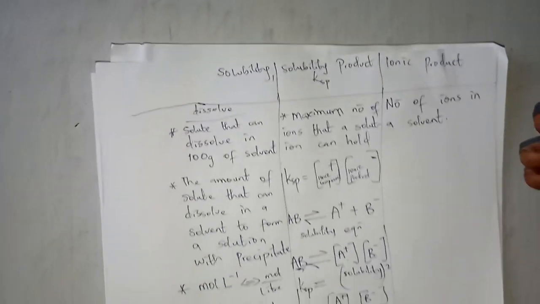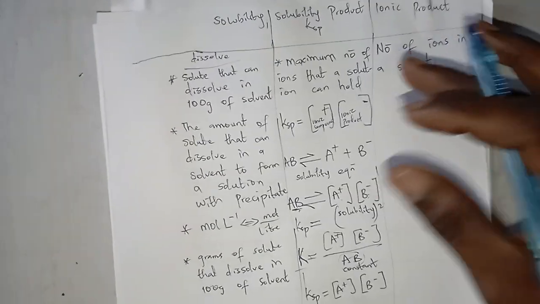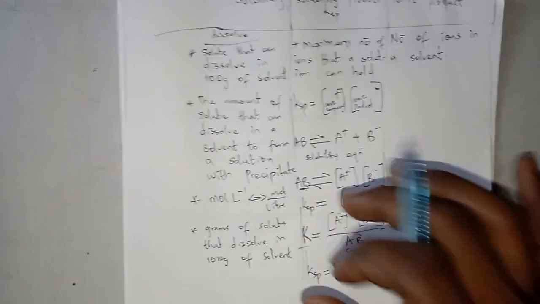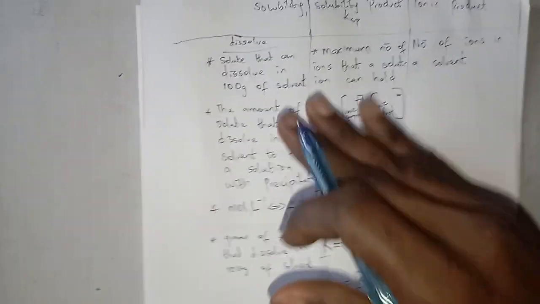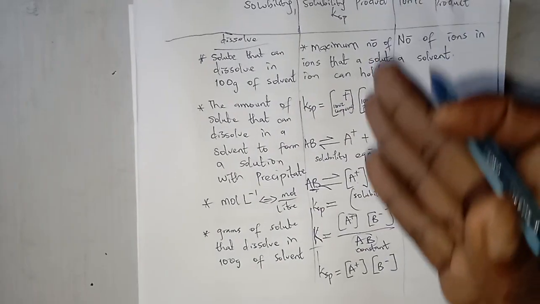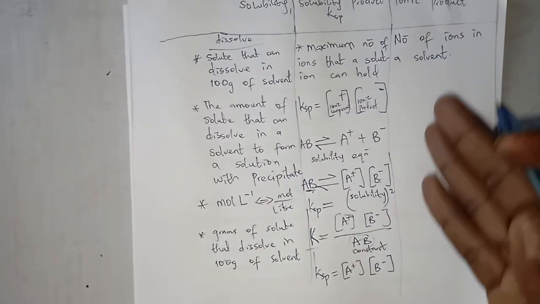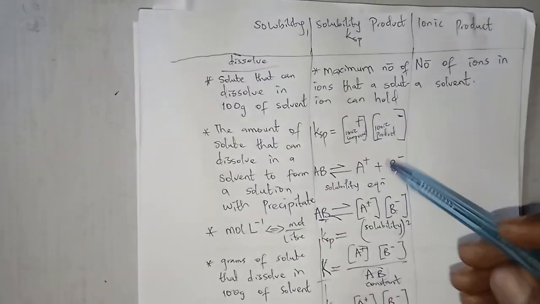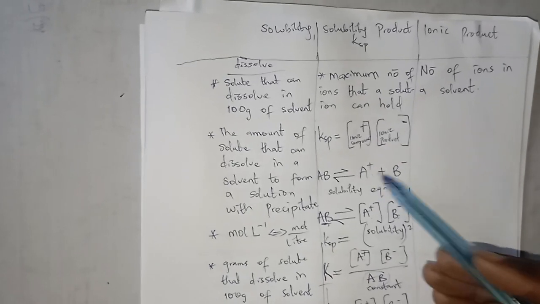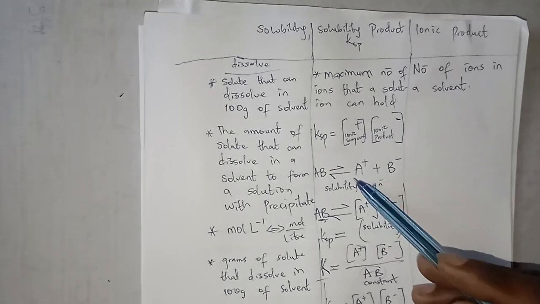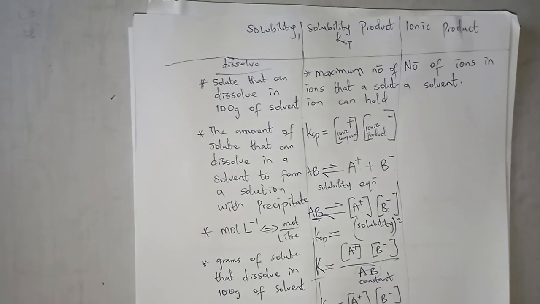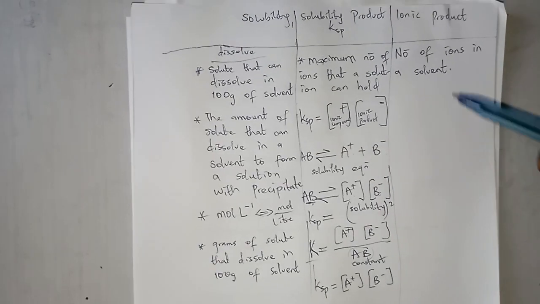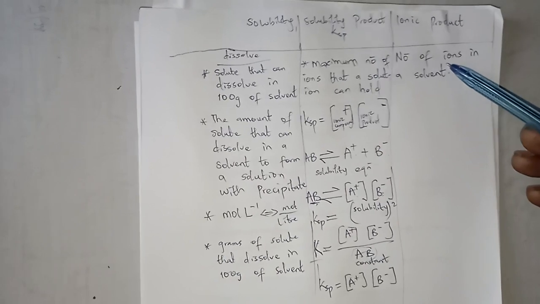So now that you know this, in our next class, what I'll be teaching you is the practical aspect of obtaining this solubility. So now you know what solubility is, you know what solubility product is, and you know that ionic product is simply, just like in this case, I have one plus metal ion, I have one non-metallic negative ion. That is the number of ions. So that is ionic product.